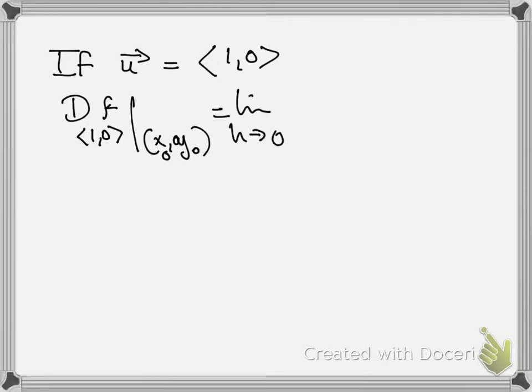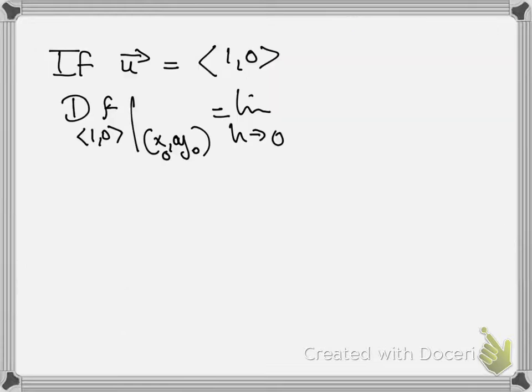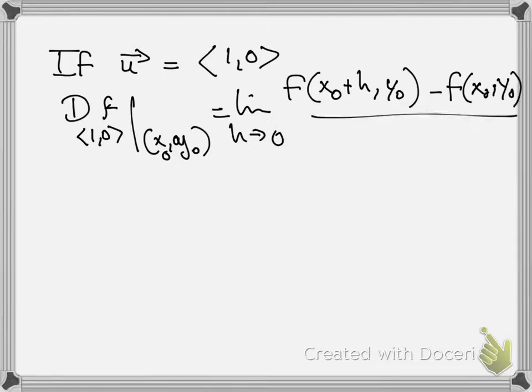You replace a by 1 and b by 0. So here a is 1 and b is 0. So that's f of x0 plus h, y0, minus f of x0, y0, over h. And that's exactly partial f partial x, right? This is exactly partial f partial x at the point x0, y0.